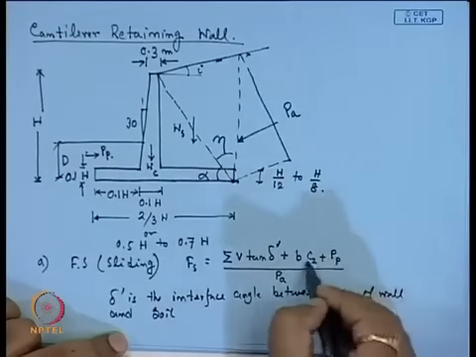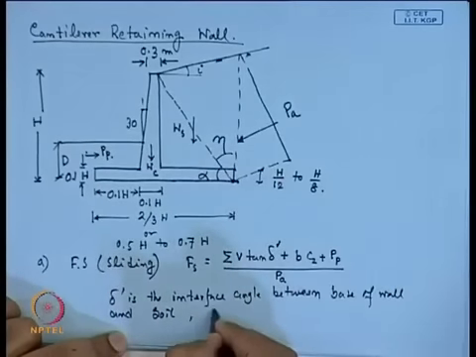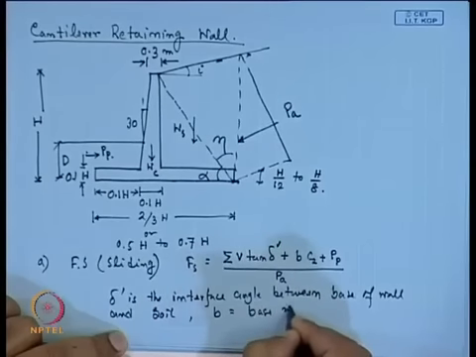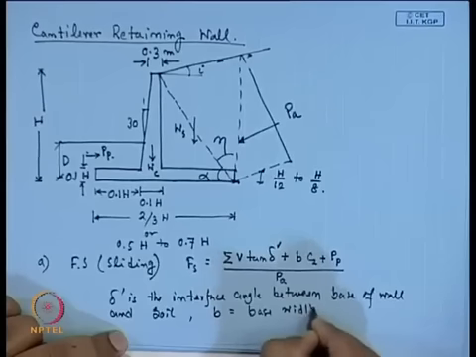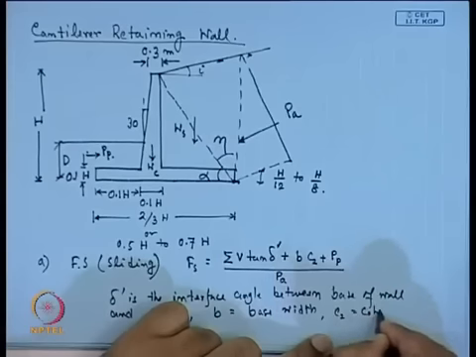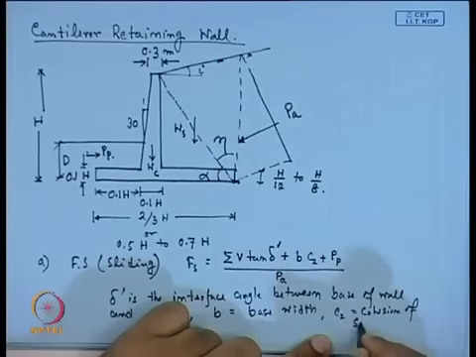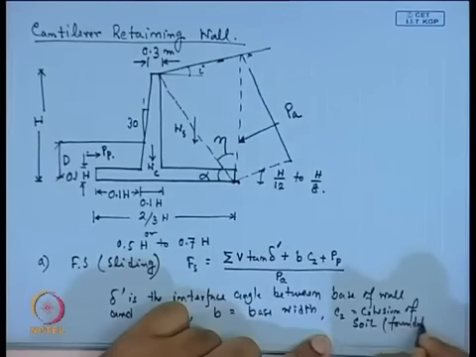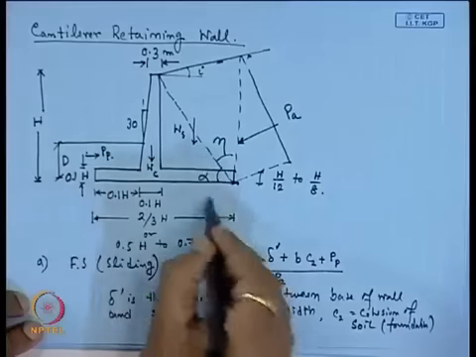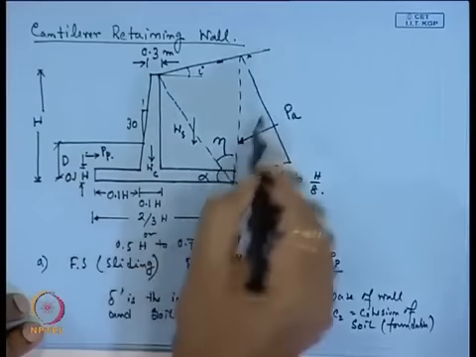So, P P, B where B is the base width, and C 2 is the cohesion of soil or foundation soil. So, there are two types of soil. One is the foundation soil, where the retaining wall is resting, another is the backfill soil.